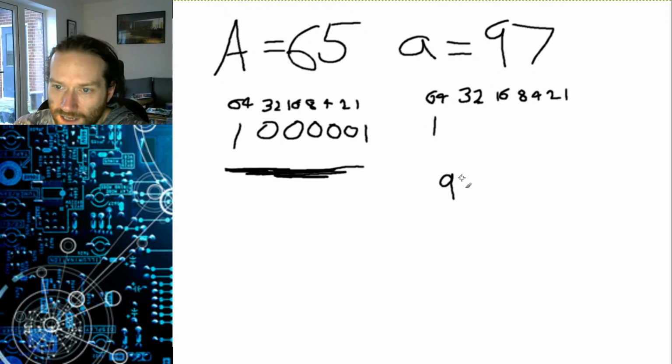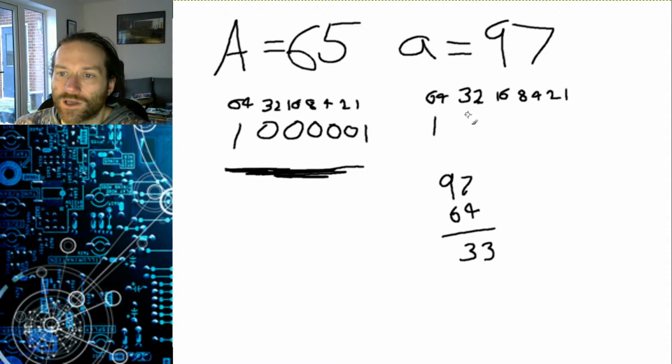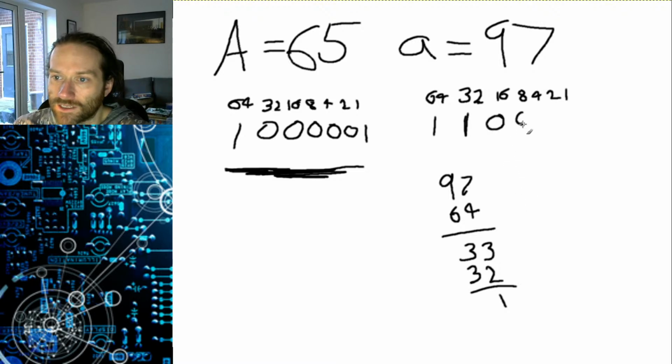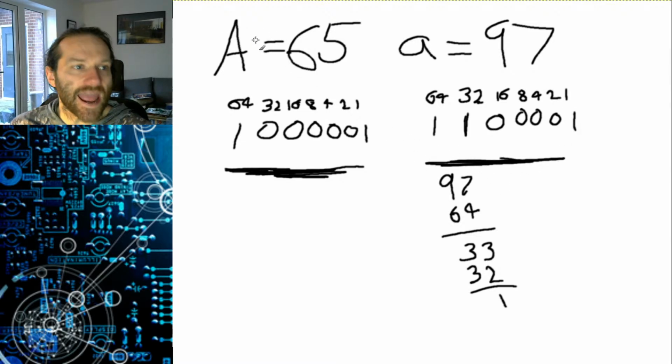If we now subtract 64 from 97, we end up with 33, right? So we're going to put a 1 here, and then we subtract 32 from 33, and we end up with 1. So all of these now are going to be 0, except for that last one, which is going to be 1. Okay, so we have uppercase A is 65, lowercase a is 97.